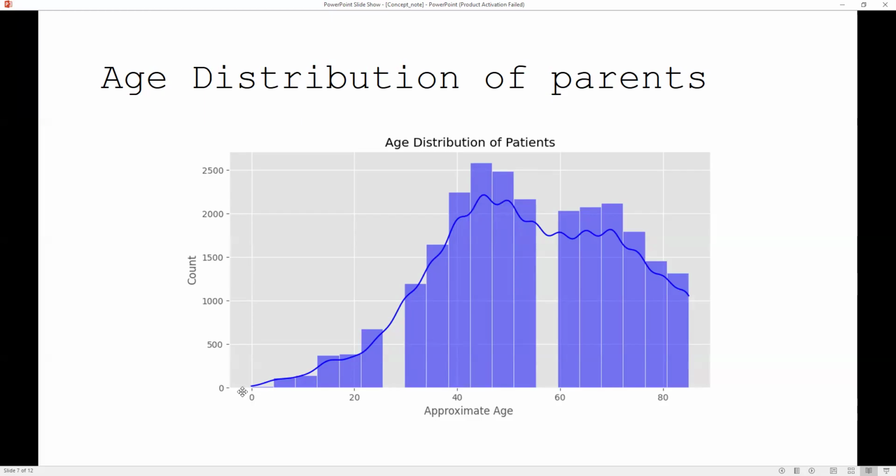Around 0 to 20 there are very few, and the growth is exponential. It becomes a bit constant between 60 and 80, and then starts to drop from around 70. But within 40, 45, 55, lots of them are prone to skin cancer.